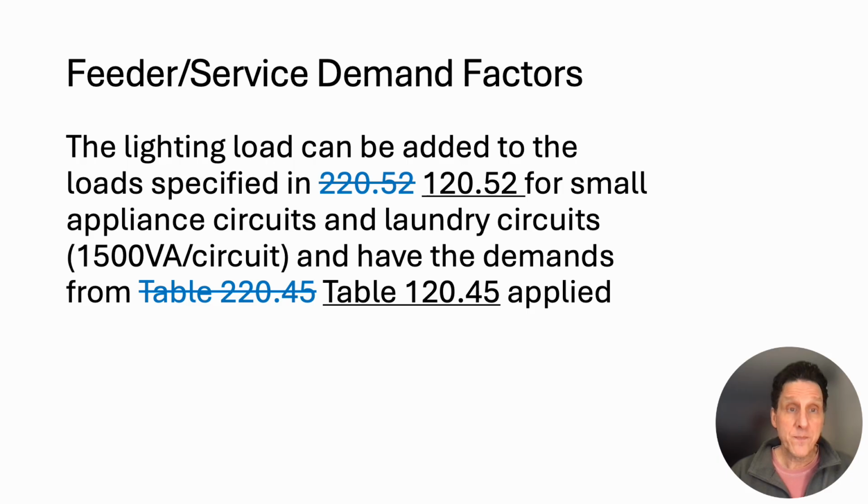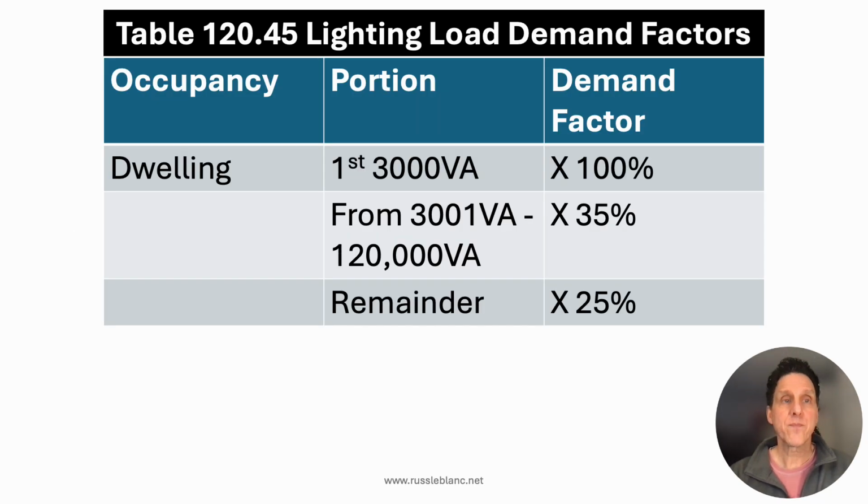So the lighting load can still be added to the load specified for small appliance circuits and laundry circuits, and those are 1,500 volt amps for each of those circuits. And then have the demands from formerly table 220.45. Now it's going to be renumbered to 120.45. And those demands have not changed. There they are.